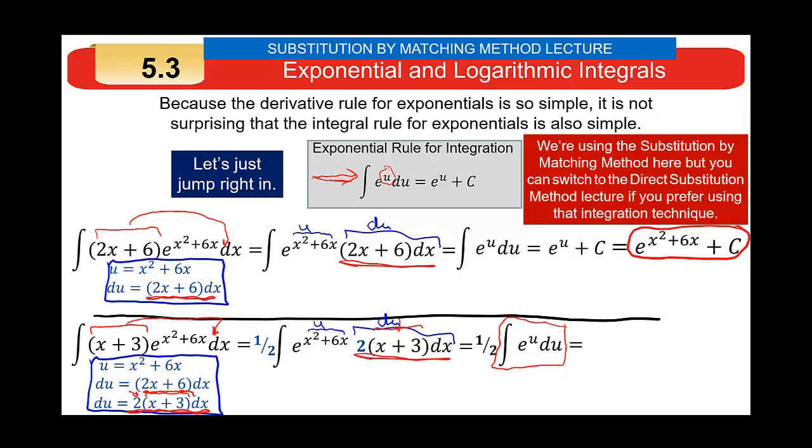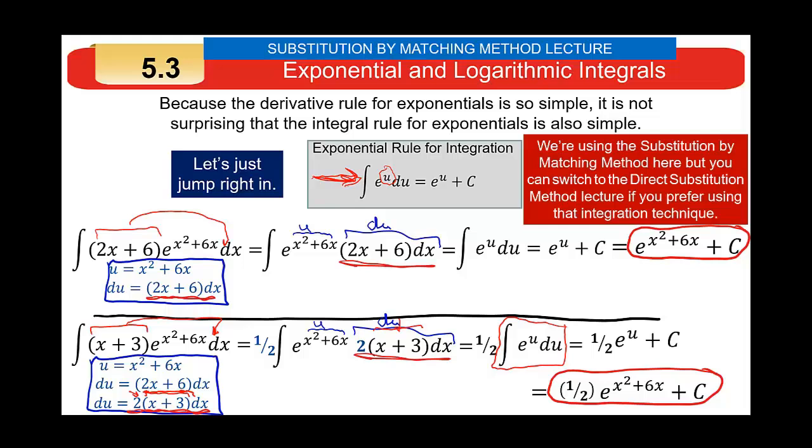Luckily, I know what that integral is because the formula tells me that the integral of e to the u du is just e to the u plus c. So I put that in there, not forgetting that the 1/2 just carries along. And as always, the last step is to take the u back out and put in, in this case, x squared plus 6x. And there you go.